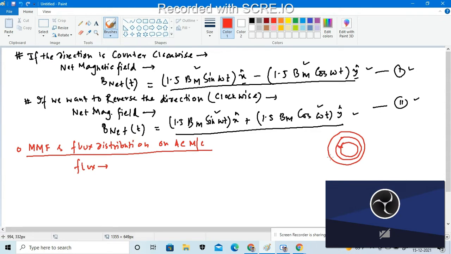Whatever flux is produced will behave according to the air gap flux density in between the stator and the rotor. The direction of the flux density produced by the coil is assumed to be perpendicular to the plane of the coils, with the direction given by the right hand rule.